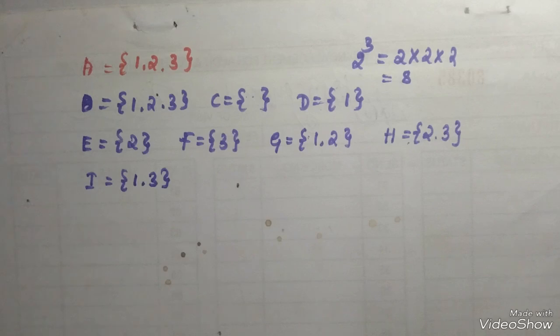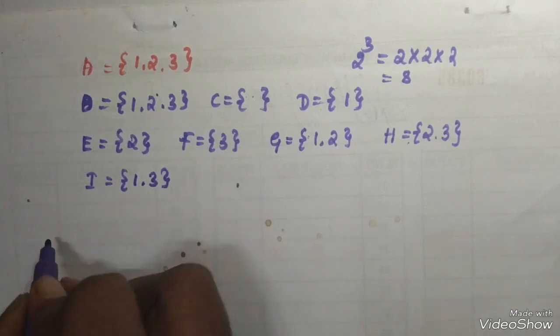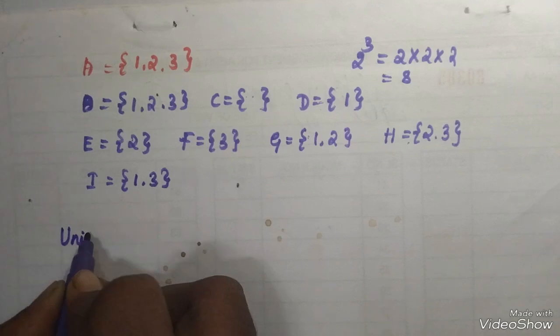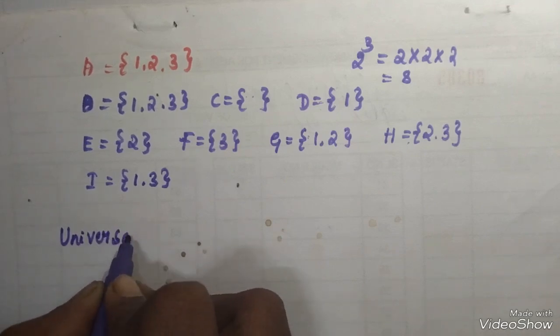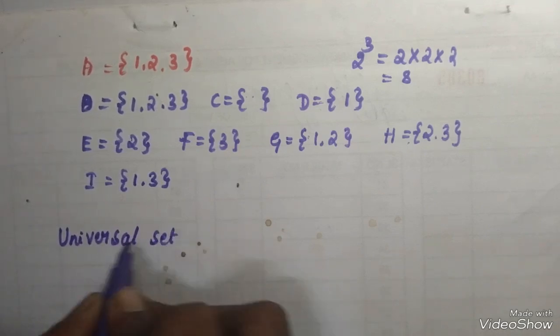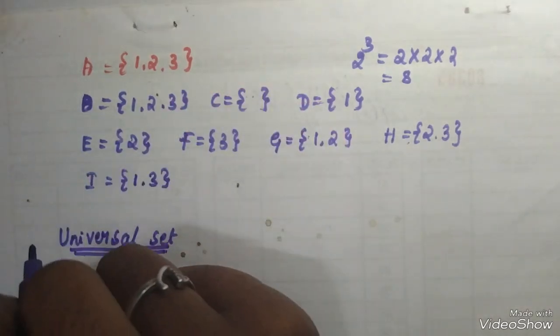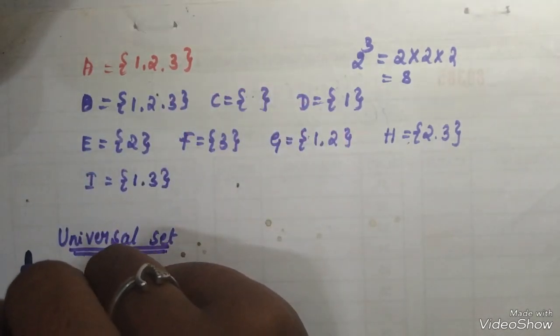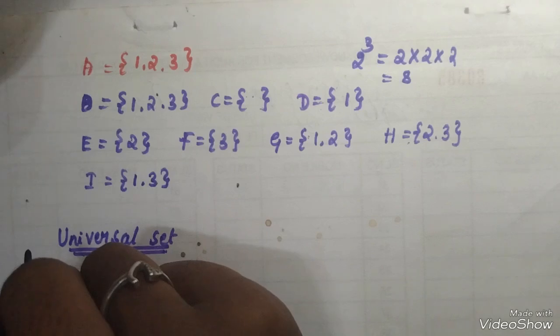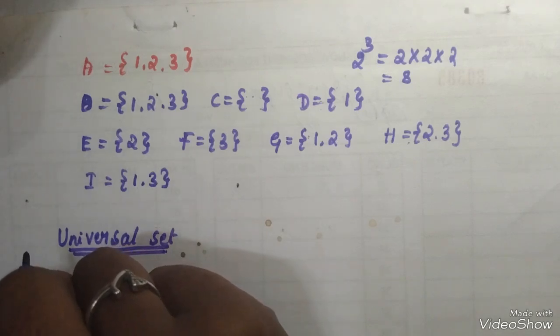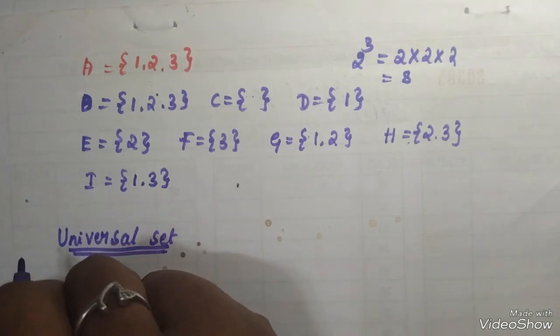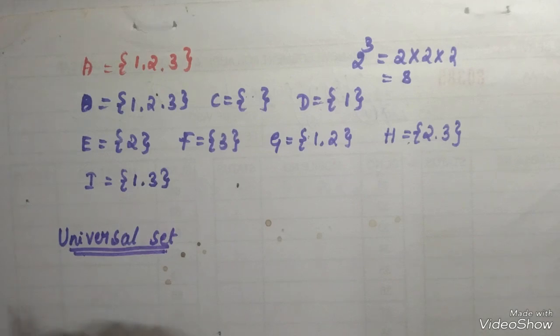Okay, then the last one is the universal set. Universal set means we have to deal with all the elements or subsets of a basic set which is relevant to the particular context.